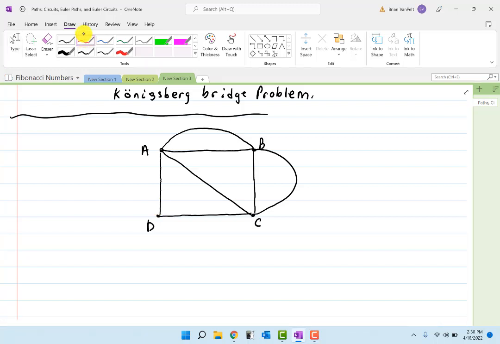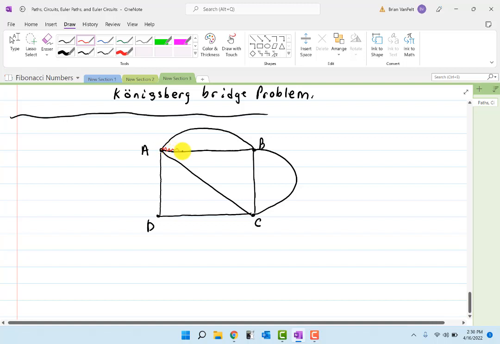Starting at A, I can go to B. But then I can come back to A like that, go down to D, then to C, up to B, around C, and back to A. So not only do I have an Euler path, I have what's called an Euler circuit.